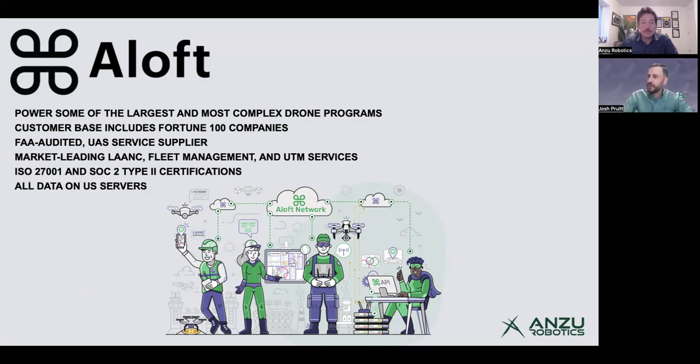We scale super easy from one drone to 100 drones, one pilot to thousands of pilots. But it's designed to be a turnkey solution for your program. We're talking all of the flight logging tools, all of the maintenance tools, tracking training, tracking your pilots, tracking your hardware. That's kind of on the web side of things, or the web console, if you will.